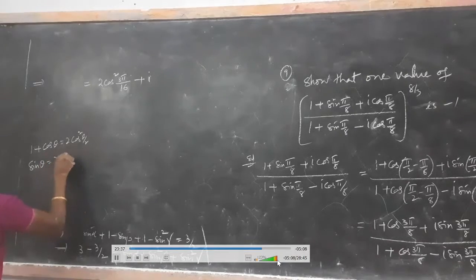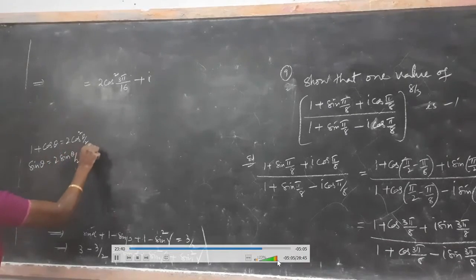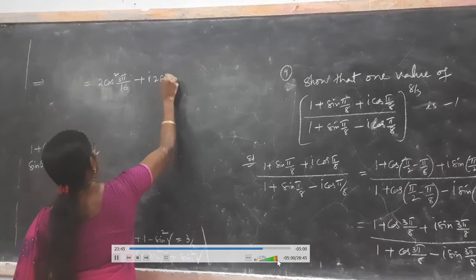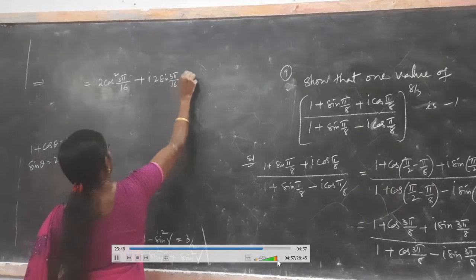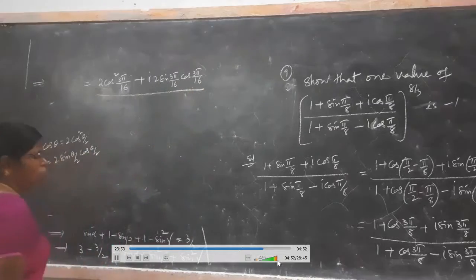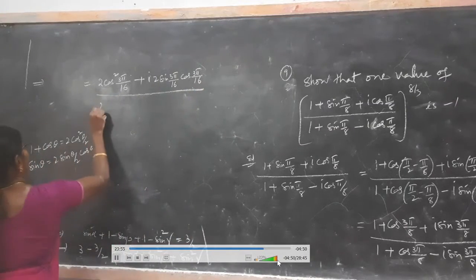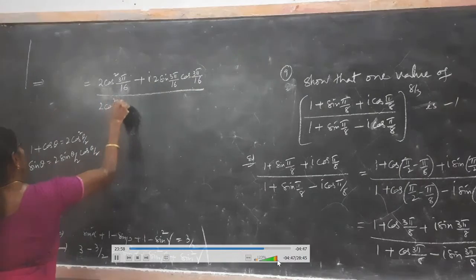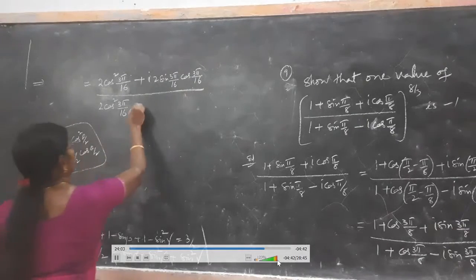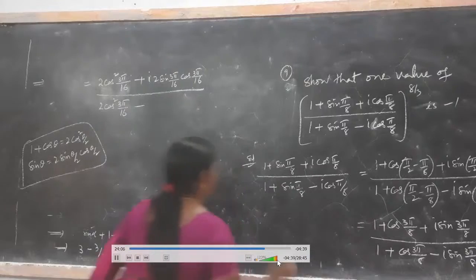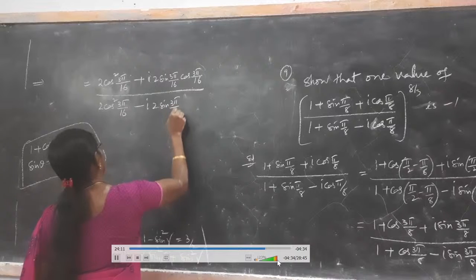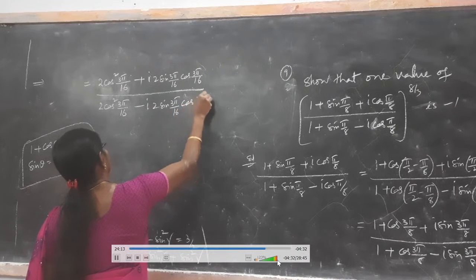Sin theta is 2 sin theta by 2 cos theta by 2. So sin 3 pi by 8 is 2 sin 3 pi by 16 cos 3 pi by 16. Similarly in the denominator also, 1 plus cos theta, remember this formula, don't forget. So here minus I 2 sin 3 pi by 16 cos 3 pi by 16.